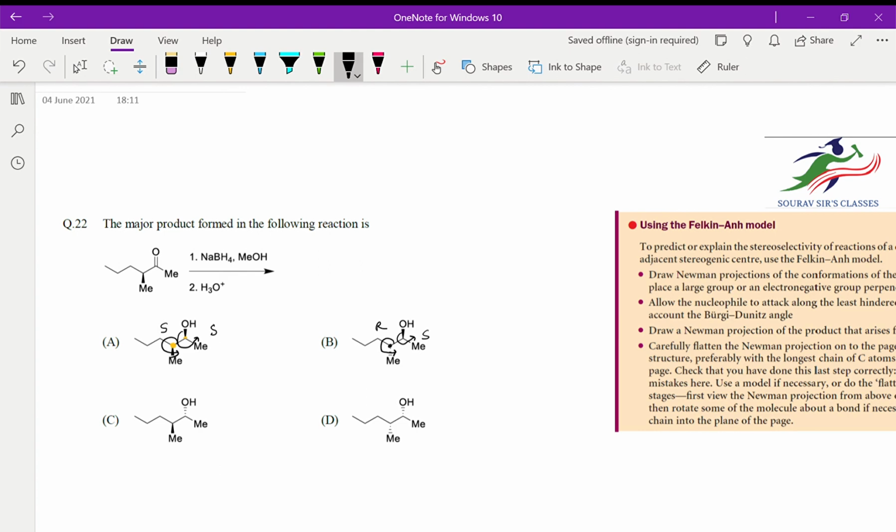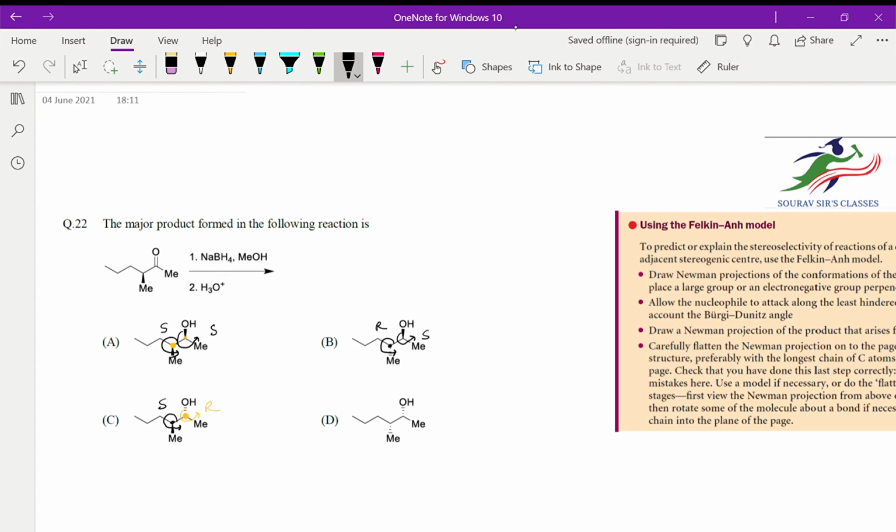Now just keep the first molecule as a reference. So if this stereo center was S before, when the hydrogen is below the plane, now since it is above the plane, we will say this stereo center is now R. And if we follow the second stereo center, which is this one, it will be just similar to the first molecule, which is now going to be S. Okay, this is what it is going to be.